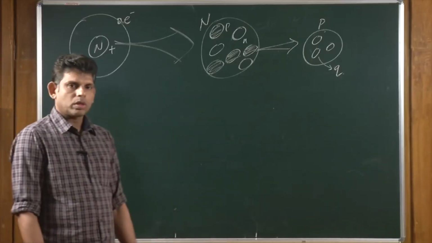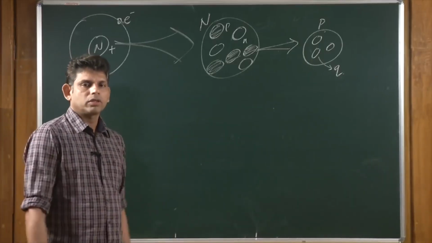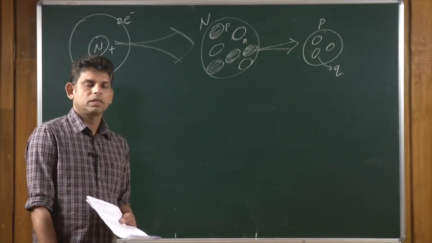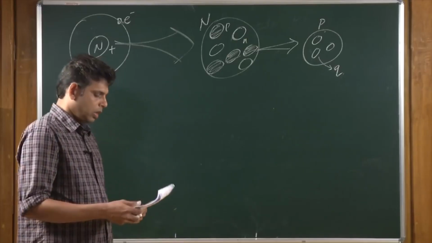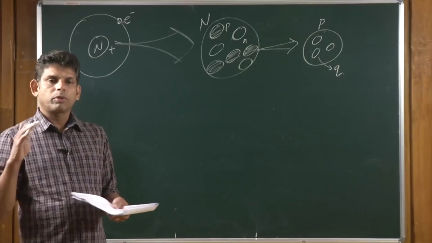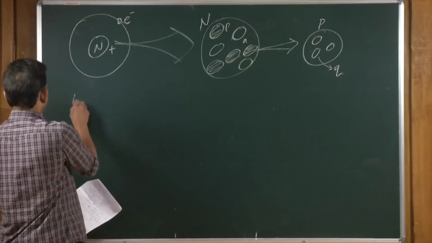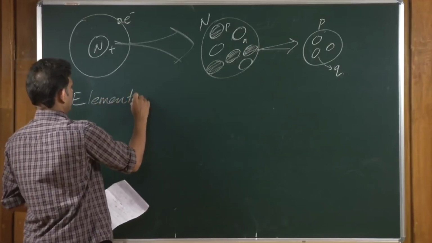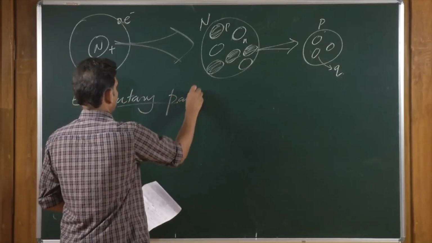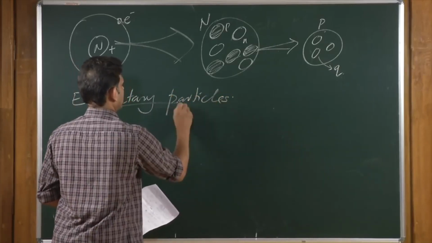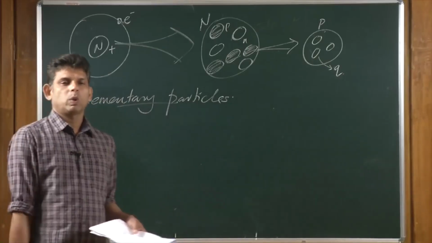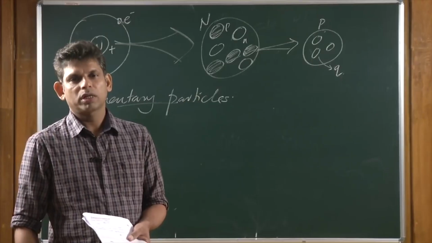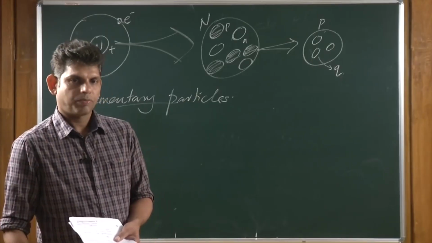Now, we can ask questions of what exactly these are, what are the properties of these quarks, how many of them are there, etc. At the moment we can consider these quarks as elementary particles. Meaning, at least to the level that we have probed, quarks are without any substructure, they are elementary.